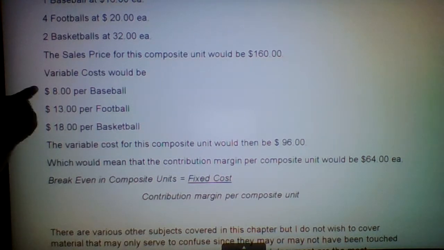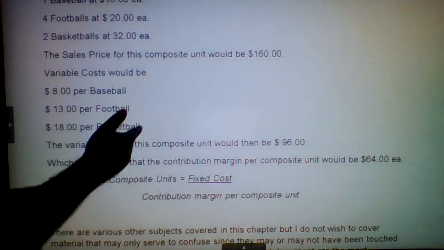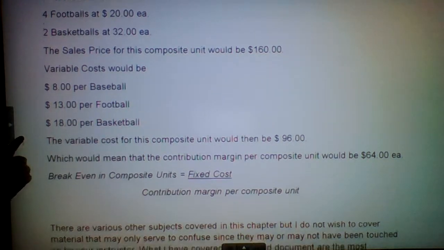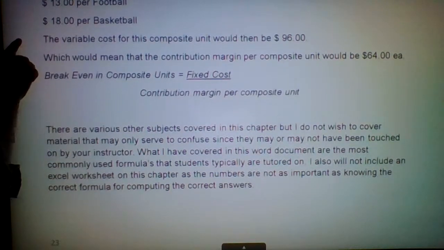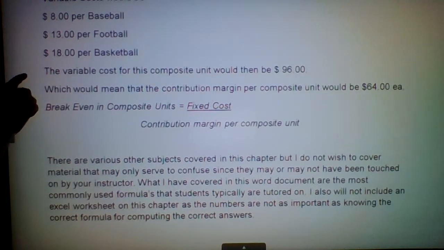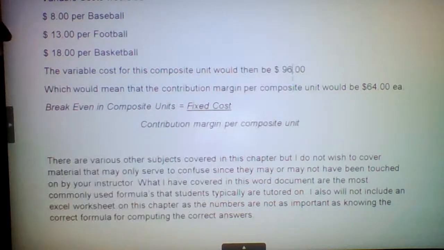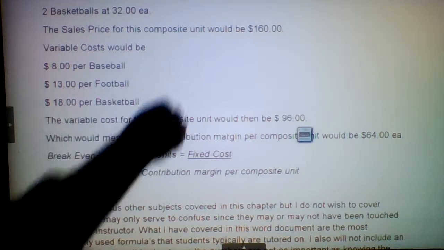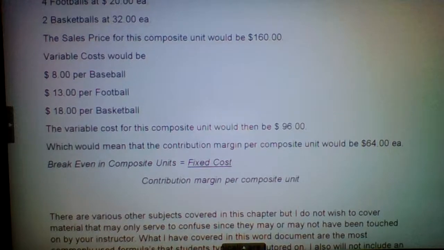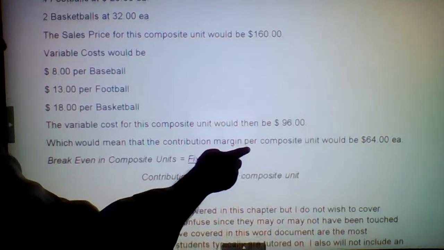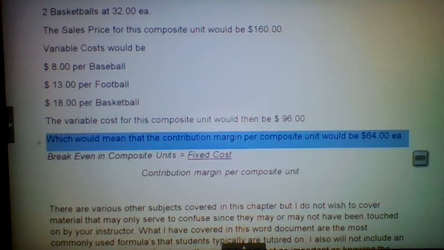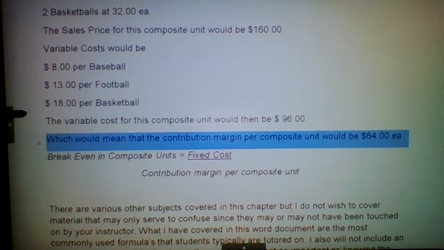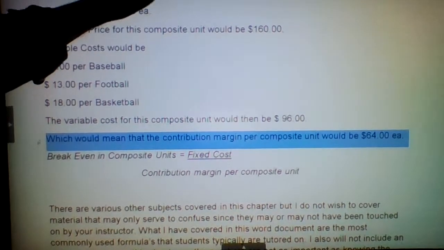Variable cost would be $8 per baseball, $13 per football, $18 per basketball. This would make your variable cost for that composite unit $96. You then just subtract the 96 from the 160, and that will give you your contribution margin per composite unit. So in this case, it's $64 for each composite unit.